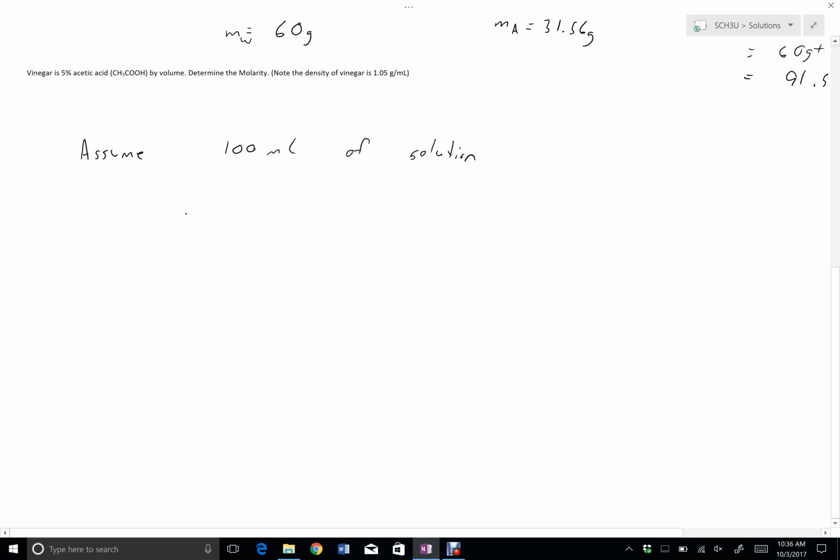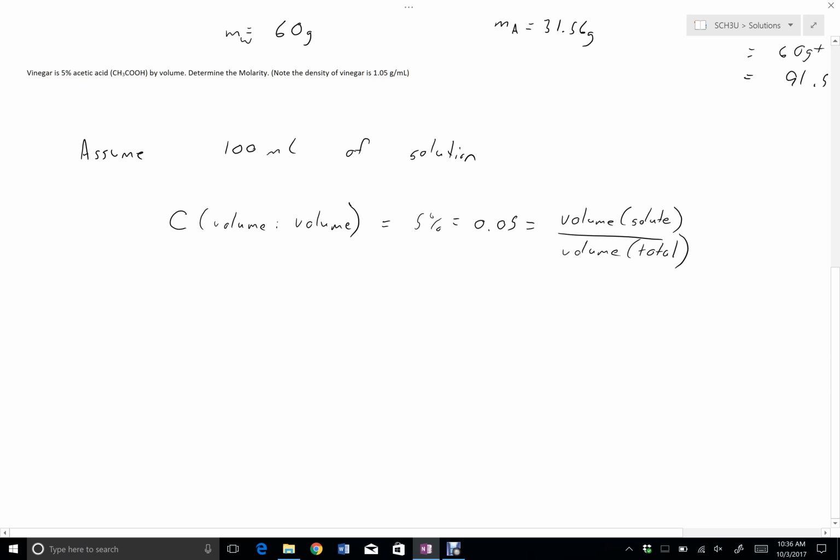Vinegar, the concentration, volume to volume, is 5%. Or remember, whenever we put percents in equations, we always have to convert them over to their decimal form. That's the volume of my solute to the volume total.